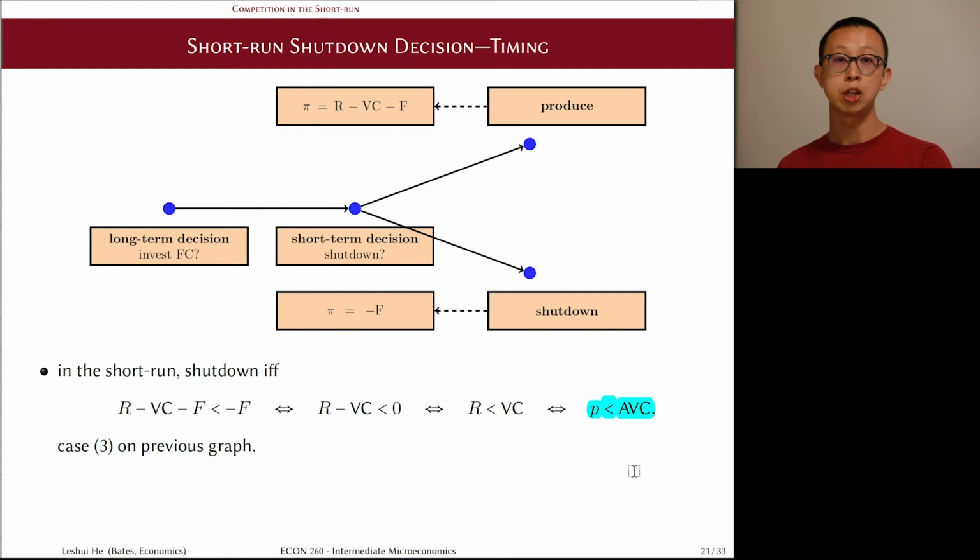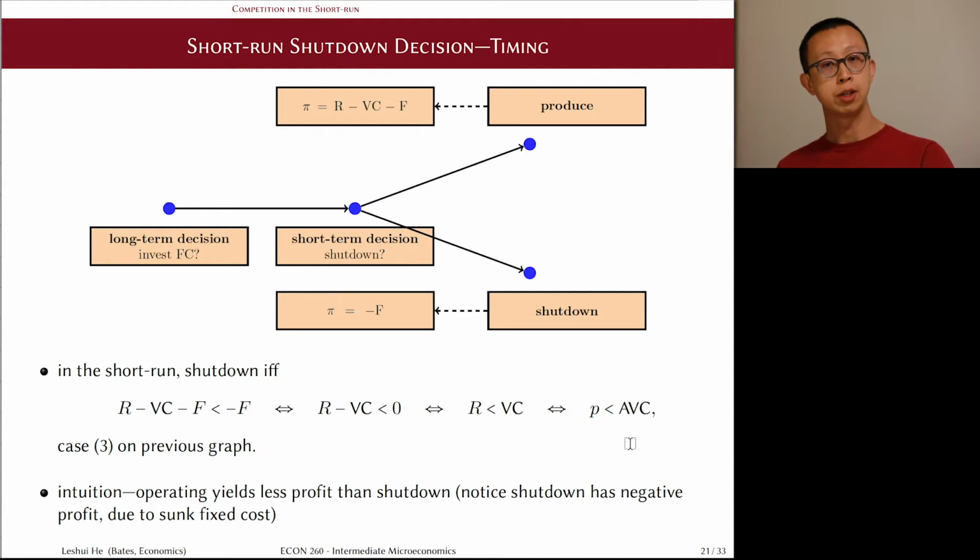In other words, shutting down leads to higher profit than operating if and only if the price is less than the average variable cost. Note here that the logic is precisely the canceling out of the minus f in the first step. What it reveals is that the firm has to incur the fixed cost either way.